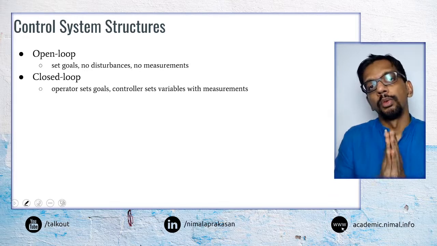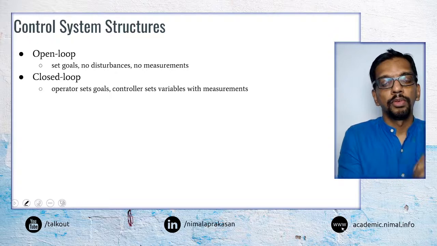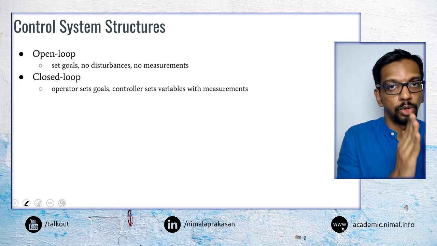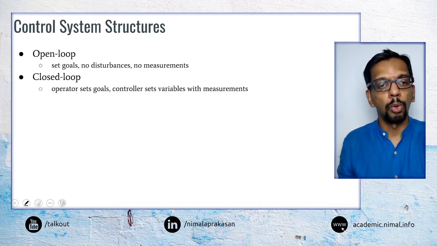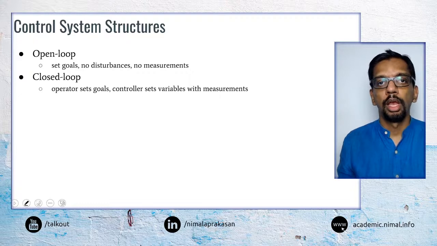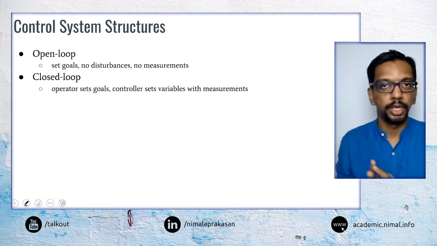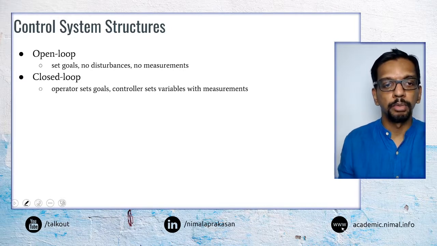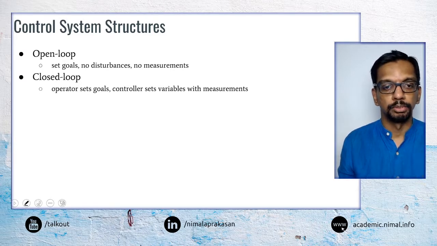Then when we discuss control systems, we will discuss a number of control system structures. We will particularly discuss open loop and closed loop control system structures in this course, but there are many other structures as well. We will briefly touch upon them, but we will mainly be focusing on open loop and closed loop systems.